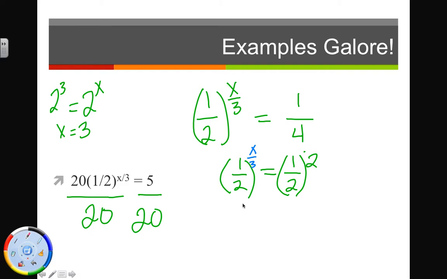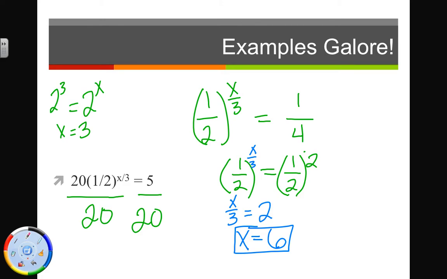This is 1/2 to the x over 3 equals 1/2 to the second, which means my exponents have to be equal. And now this is really easily solved. x is 6. There's your answer. You always kind of have to check to make sure that it's not an extraneous answer. Some of you guys don't like that word, but in this particular case, I can plug in a 6 and get out a number. We get our answer as 6, and we are done.